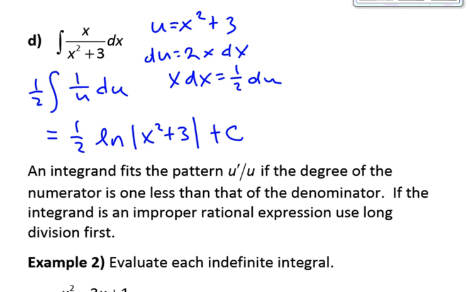Now there's a couple of things here. The reason I wanted to do this problem was to talk about how to simplify again. So first of all, I know I said to always include absolute value when you get a natural log out of an integral. But what if that u is always positive? In the case of x squared plus 3, no matter what you put in for x, x squared plus 3 will always be positive.